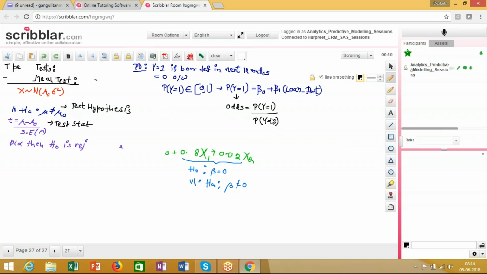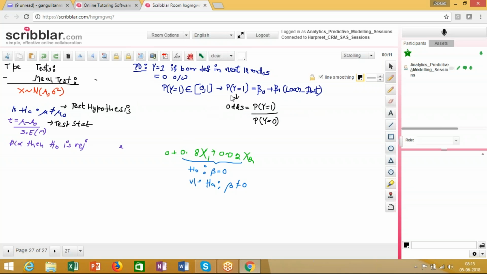Right. So if you have a look, the probability y equals 1 by the probability y equals 0 is a positive continuous value. Now, to convert it into a totally continuous value, which will take both positive and negative values, we take the log of odds.